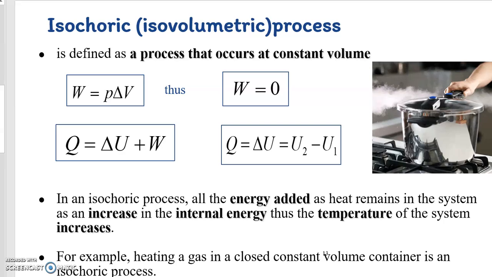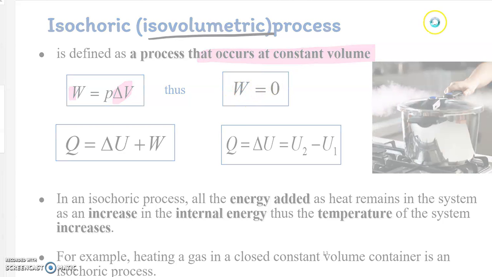Okay, this one is for the isochoric or isovolumetric process, a process that occurs at constant volume. If the volume is constant, remember, delta V is zero, so W equals 0.